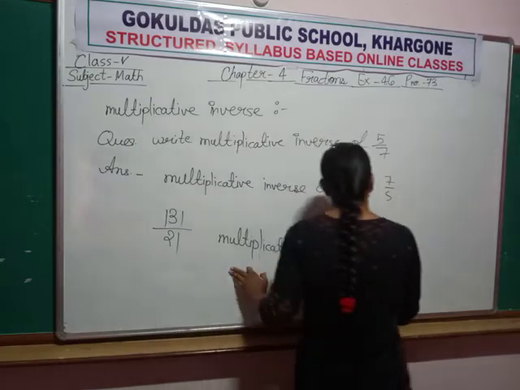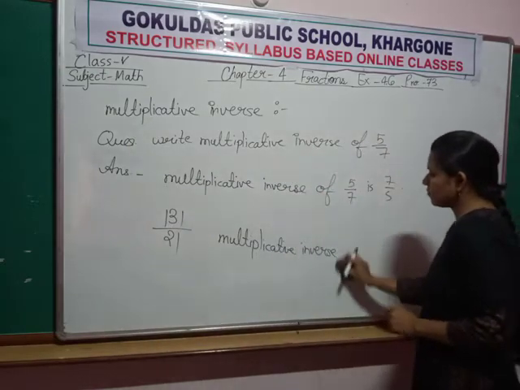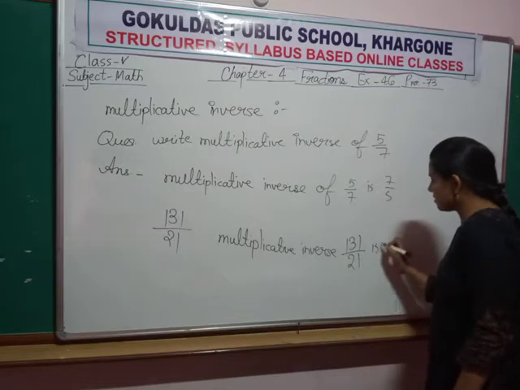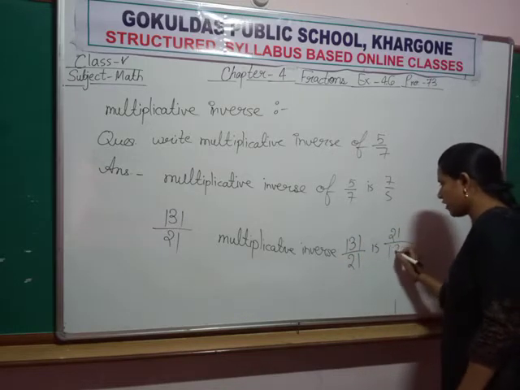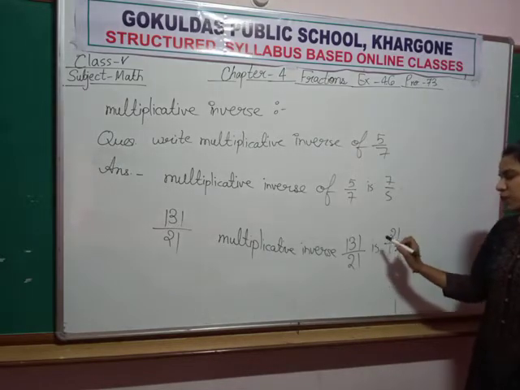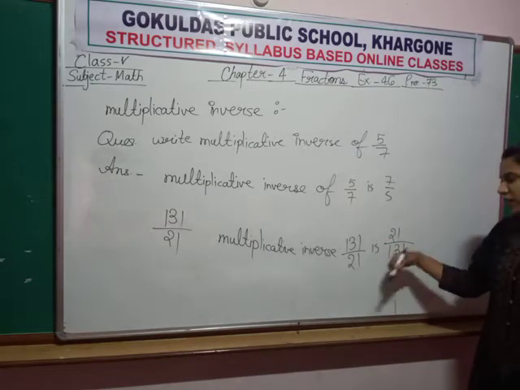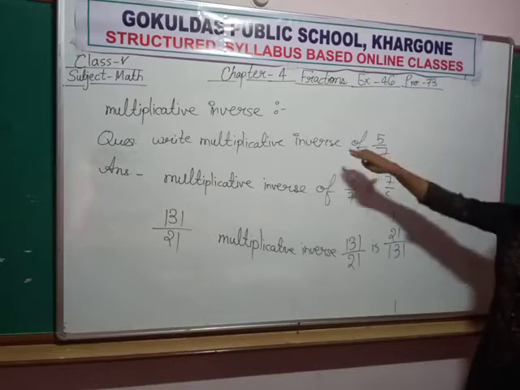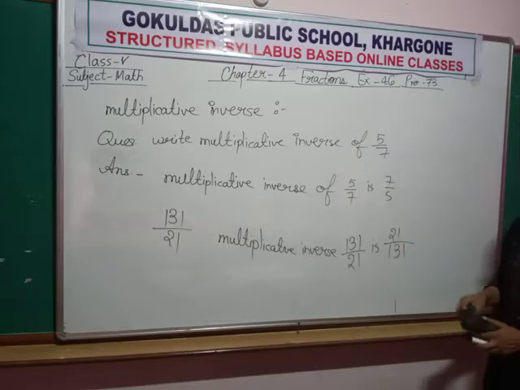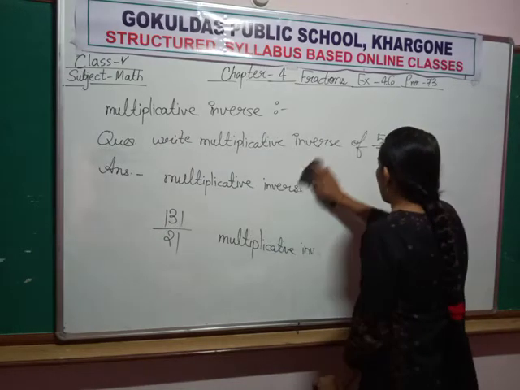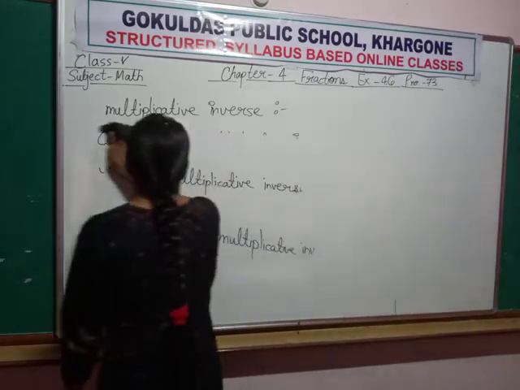So the multiplicative inverse of 131/21 is 21/131. What we have done is the numerator comes in the denominator's place and the denominator comes in the numerator's place. They have exchanged, just reversed. That is why we call it the multiplicative inverse. So now you know how to write the multiplicative inverse of any number.